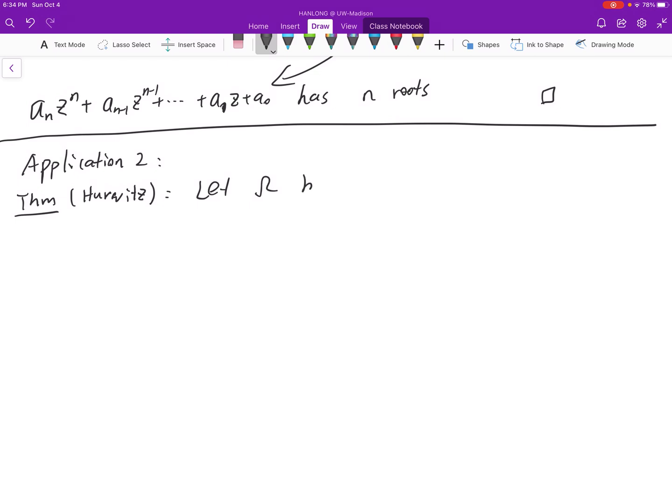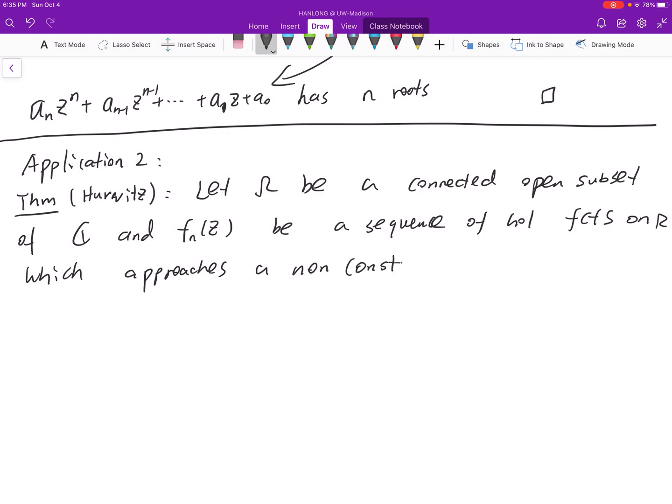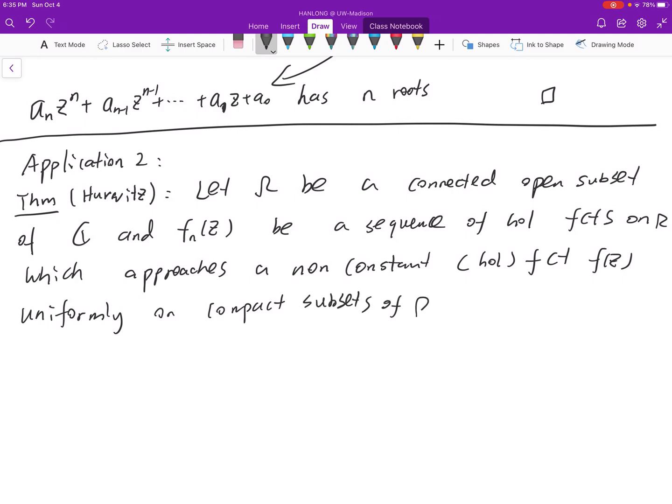Let omega be a connected open subset of C, and let f_n(z) be a sequence of holomorphic functions on omega which approaches a non-constant holomorphic function f(z) uniformly on compact subsets of omega.